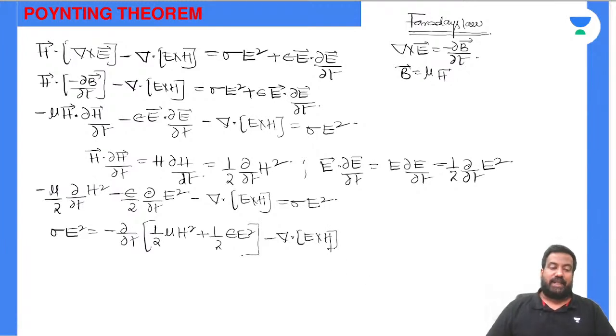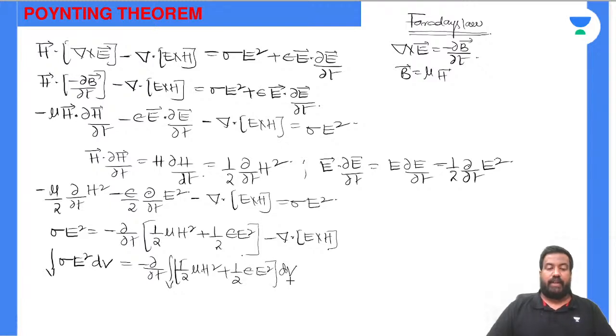Now, each term here represents power per unit volume. If you integrate it, the volume integral of sigma E square dV is equal to minus dou by dou T of the volume integral of 1 by 2 mu H square plus 1 by 2 epsilon E square dV, minus the volume integral of del dot E cross H dV.